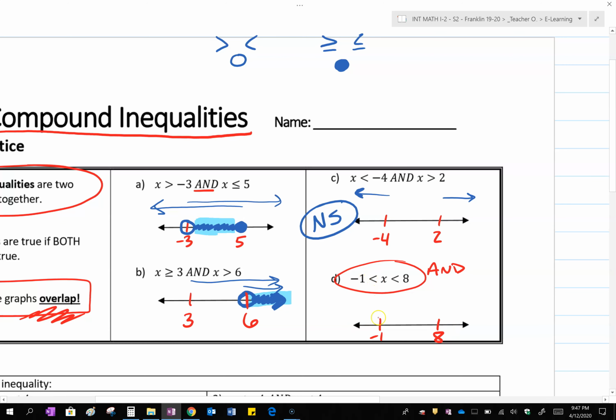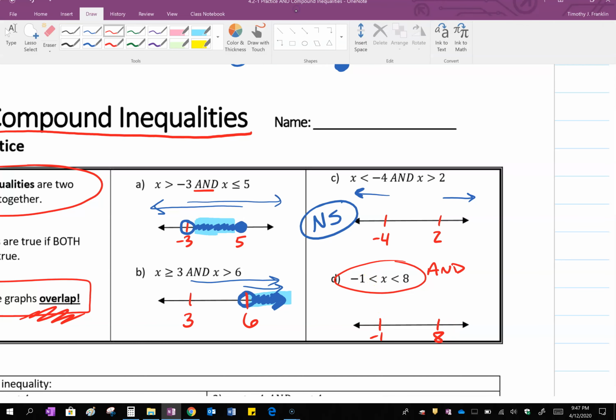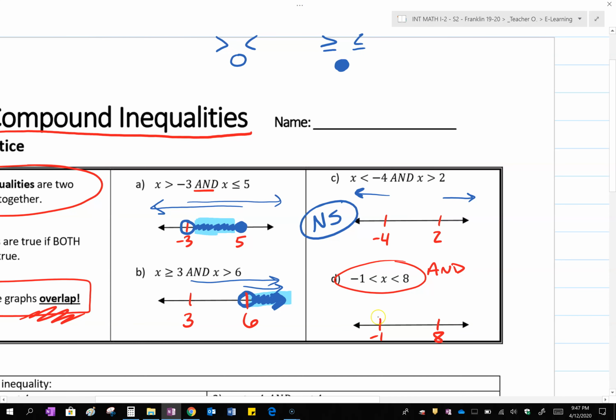Get the circles right, they both have open circles here. So we have open circle, and x is just between, so just shade in between. So when they look like this, it is always shaded between or in the middle.